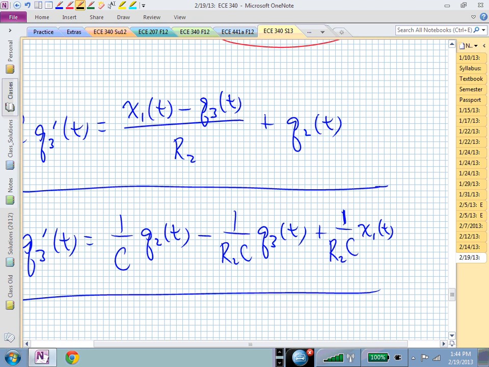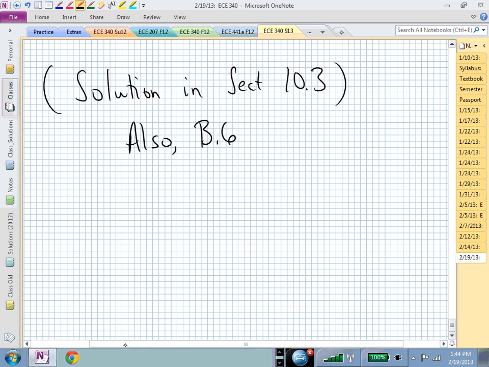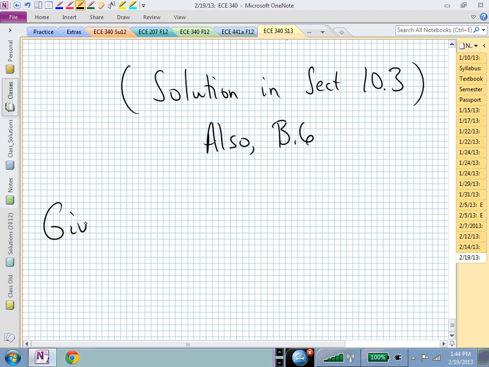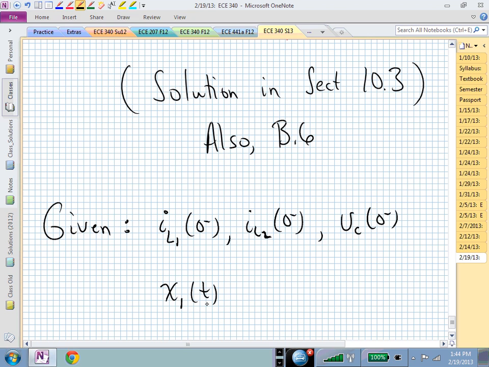If I give you the initial conditions, and that's going to be I sub L sub 1 of 0 minus, I sub L sub 2 of 0 minus, and V sub C of 0 minus, and x sub 1 of t.